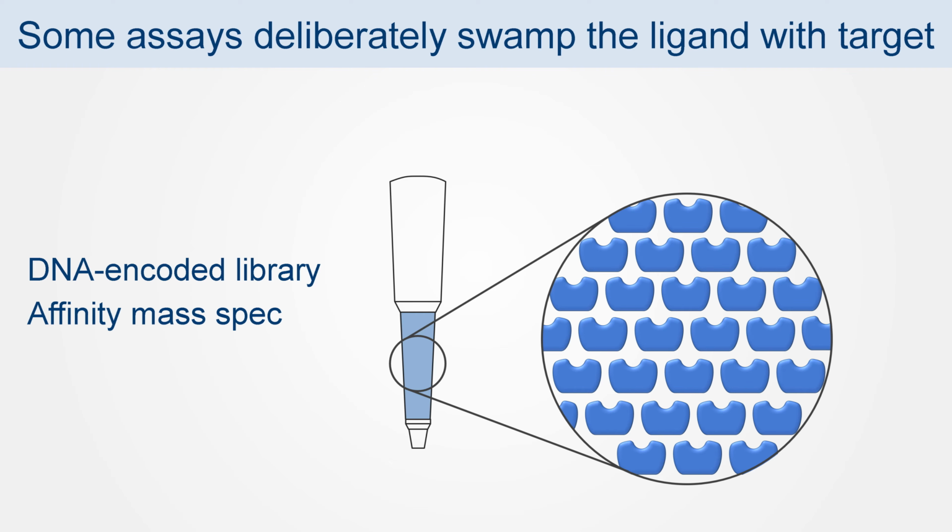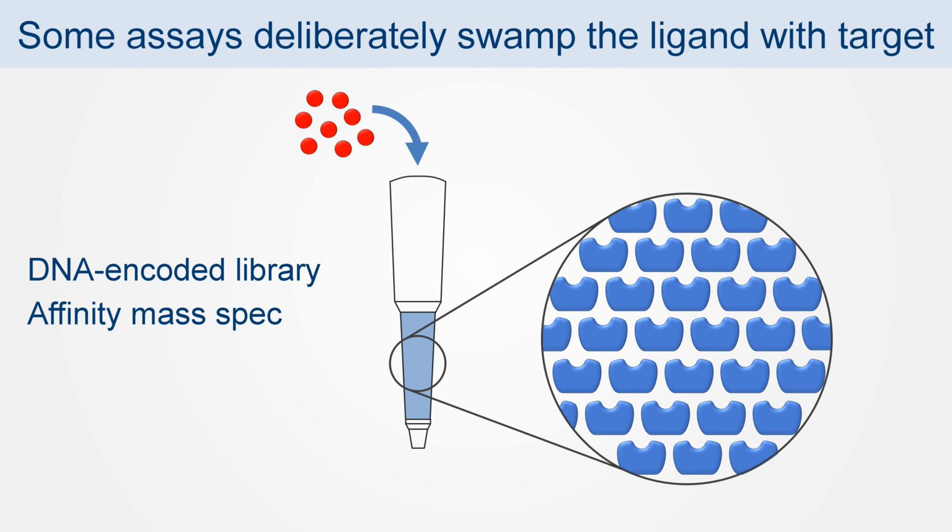The target density issue has also happened by design. Certain screening experiments actually work by using a huge amount of target in order to soak up the ligand. There are new assay technologies that employ target immobilized on a column or on beads. These include DNA-encoded library screens and also affinity mass spec assays, where mass spec is used to quantify the ligand.